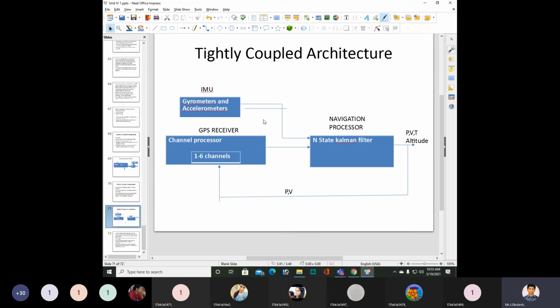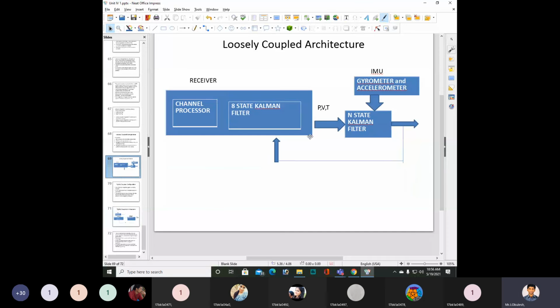You need to see the tightly coupled architecture. In that we have the navigation processor in the front. The IMU, inertial measurement unit, was at the last in the loosely coupled one, but here the IMU is first. The N-state Kalman filter is in the same place, but the PVT, which was last before, is here.